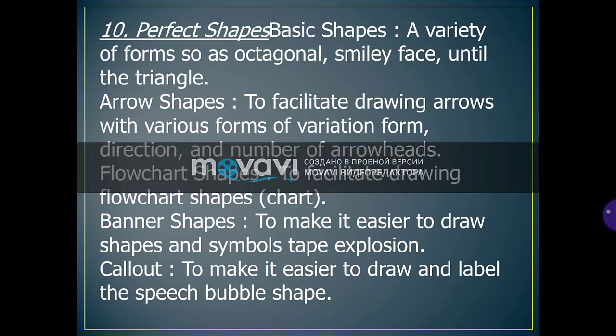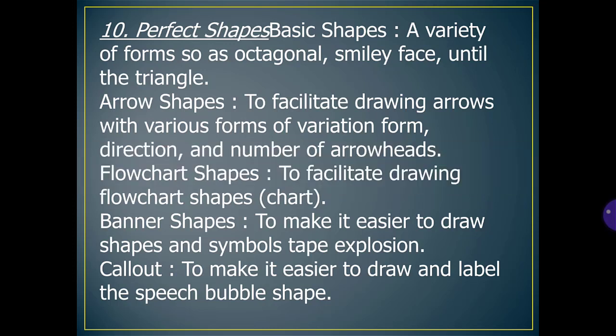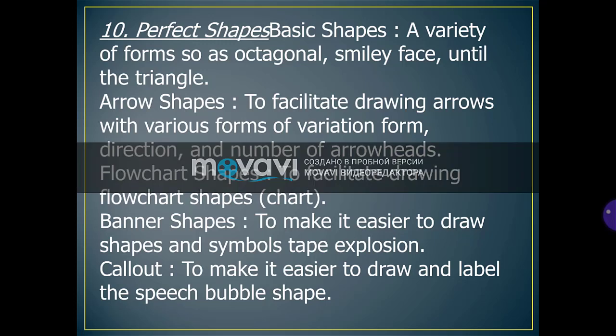Flowchart shapes. To facilitate drawing flowchart shapes. Banner shapes. To make it easier to draw shapes and symbols of the explosion type. Callout. To make it easier to draw and label the speech bubble shape.